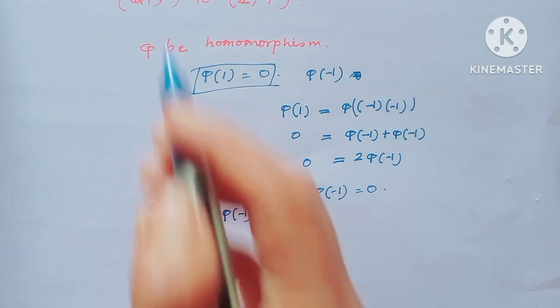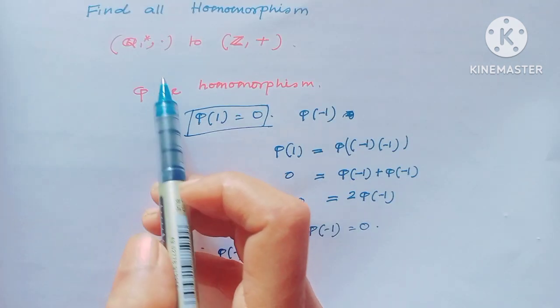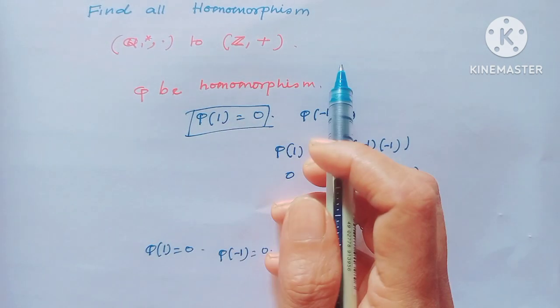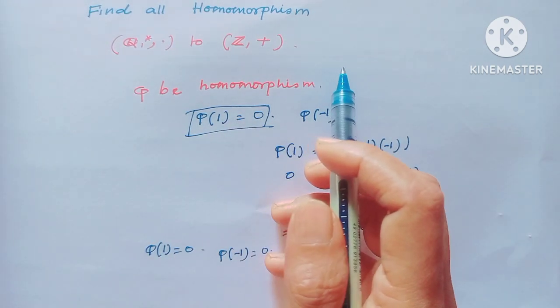And here the homomorphism is from non-zero rational numbers with multiplication to integers with respect to addition.